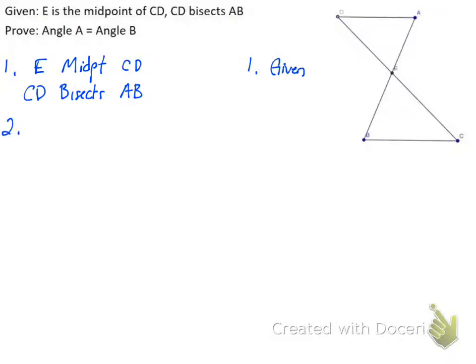So with my first, if E is the midpoint of CD, I know that CE is equal to ED. CE is equal to ED. Again, use the same word, so I'm going to use the definition of midpoint.